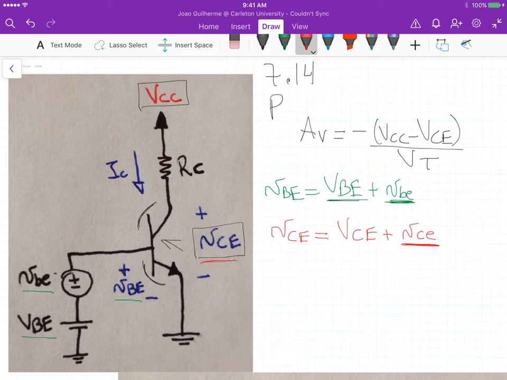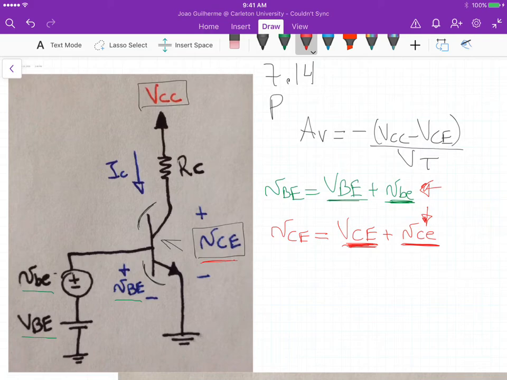So it's the small signal that is varying at the output, which should be an amplification of this signal here. And this is the voltage that we get at the collector from the biasing circuit. So this is capital VCE, the voltage that we get from the biasing circuit.